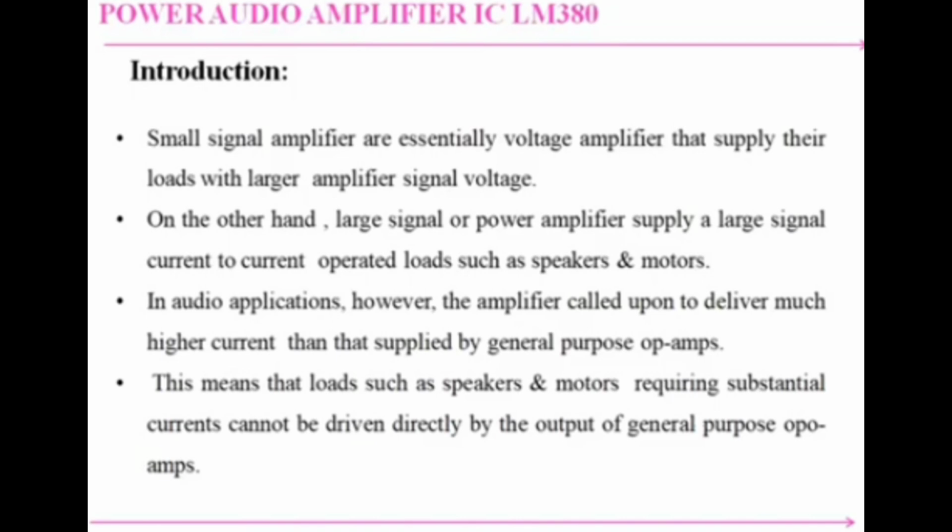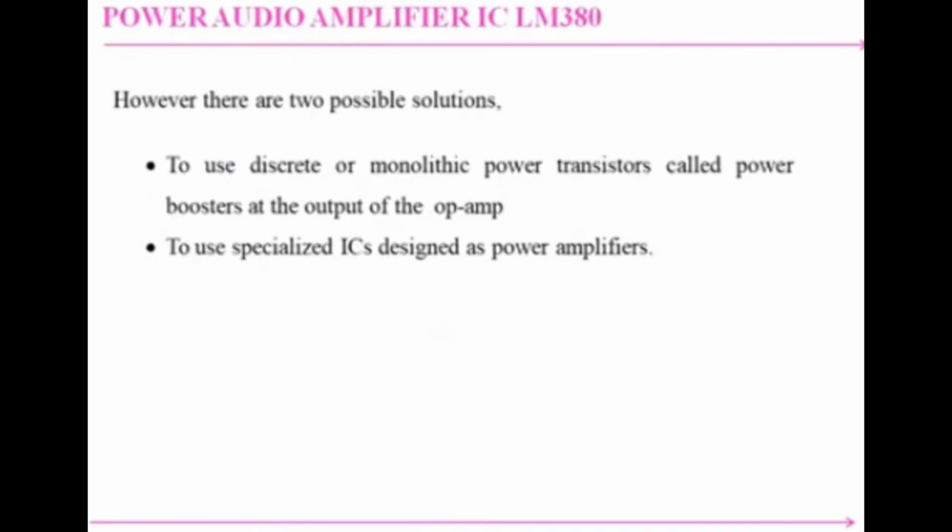In audio application, however, the amplifier is called upon to deliver much higher current than that supplied by a general purpose op-amp. This means that loads such as speakers and motors requiring substantial current cannot be driven directly by the output of general purpose operational amplifiers.